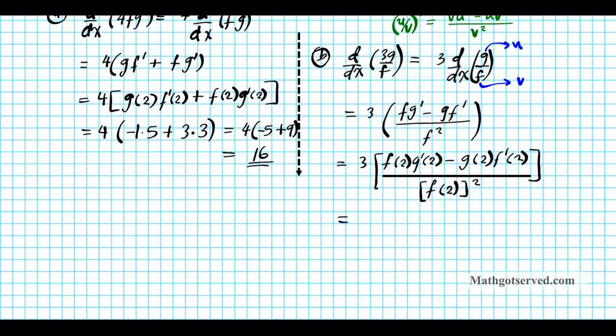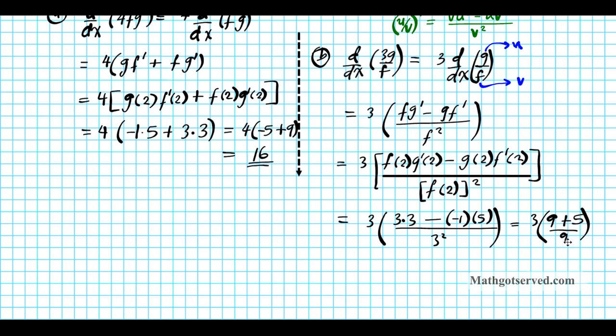So if we do that, what are we going to have? We're going to have 3 on the outside times 3 times 3 minus -1 times 5. All this divided by 3 squared. So this is going to be equal to 3 times 9 plus 5 over 9.